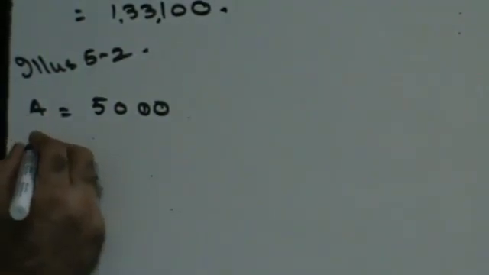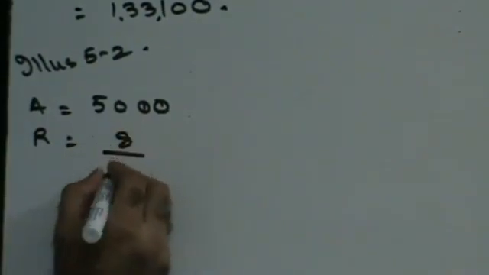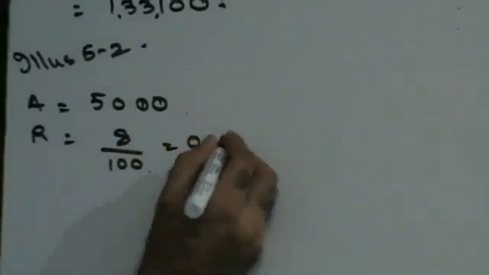4 equal annual installments. I said A stands for periodic investment. So you are making a periodic investment of 5,000. 4 equal annual payments of 5,000 are to be made into a deposit account that pays 8%. R is 8%, which is nothing but 0.08.